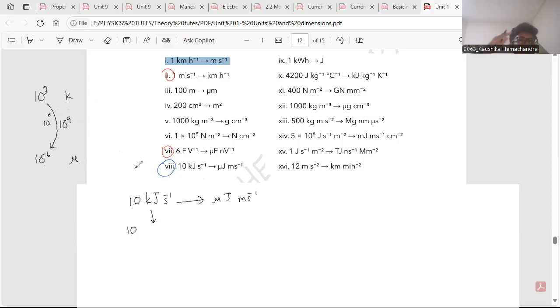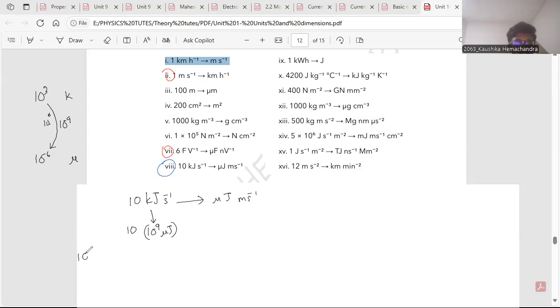So when you go from kilojoule to microjoules, there's an increase, no? There are many microjoules in a kilojoule. So you have to put 10 to the power 9 microjoules in 1 kilojoule. Okay. Or you have to take it in 2 steps.